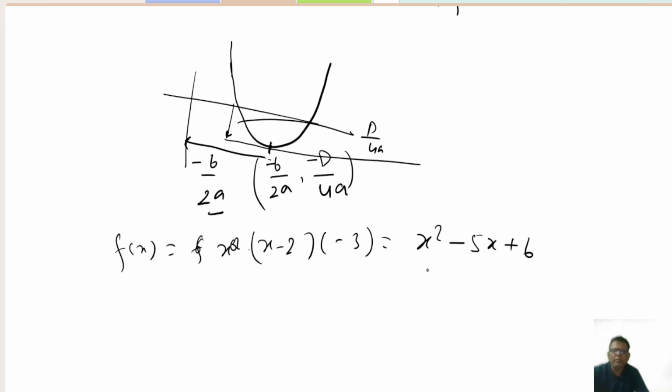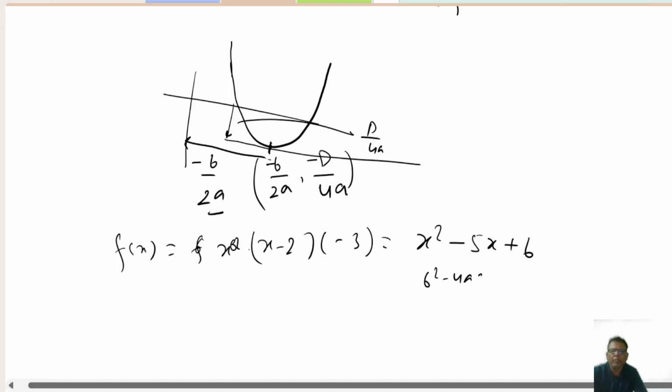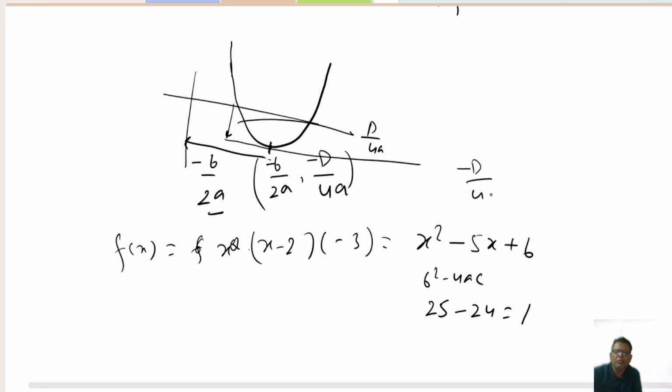So what is d? b square minus 4ac is 25 minus 24, that is equal to 1. So minus d by 4a is minus 1 divided by 4a. a is 1, so it will be 4.